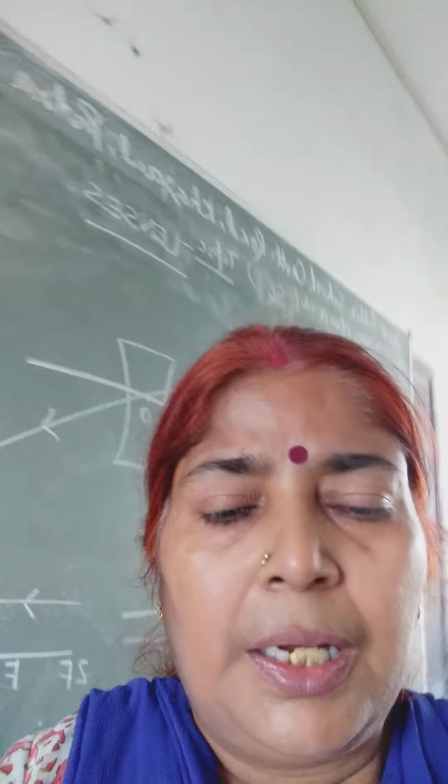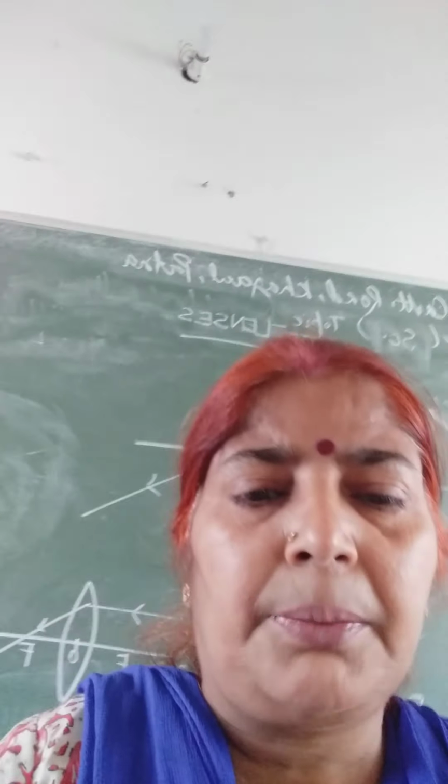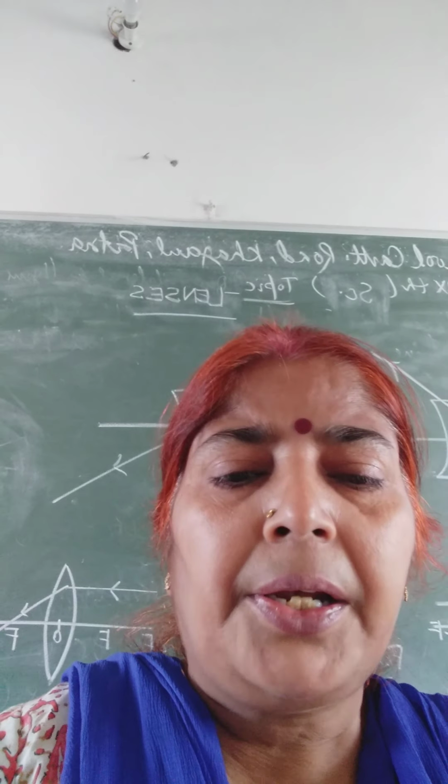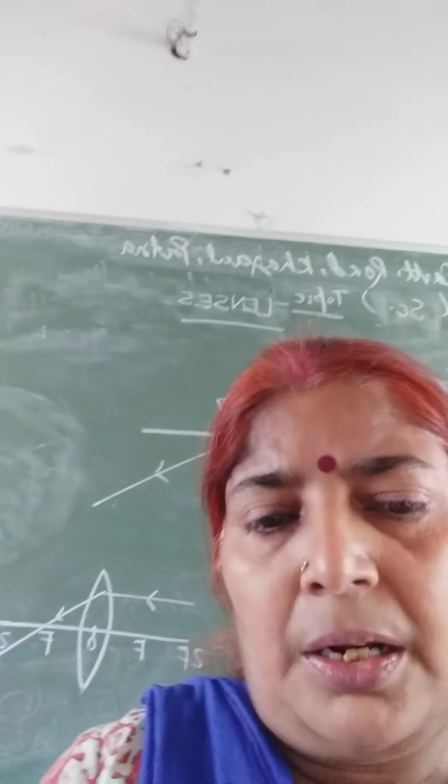Now what is optical center? Optical center is a special point on the principal axis through which when the ray passes it remains undeviated. You can see the diagram. This is optical center. When the ray is passing through it, it remains undeviated.